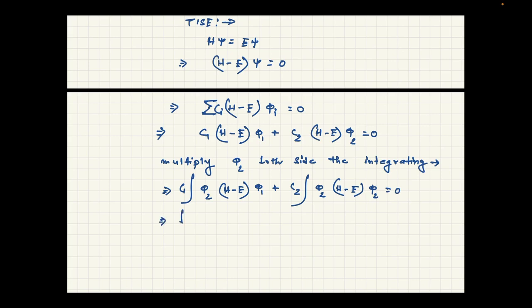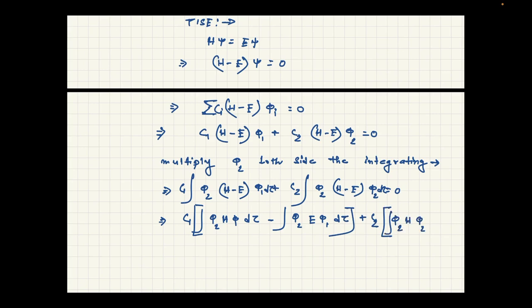So you will get terms like this: C1 times the integral of phi 2 H phi 1 d tau, minus the integral of phi 2 E phi 1 d tau, plus C2 times the integral of phi 2 H phi 2 d tau, minus the integral of phi 2 E phi 2 d tau, equal to 0.